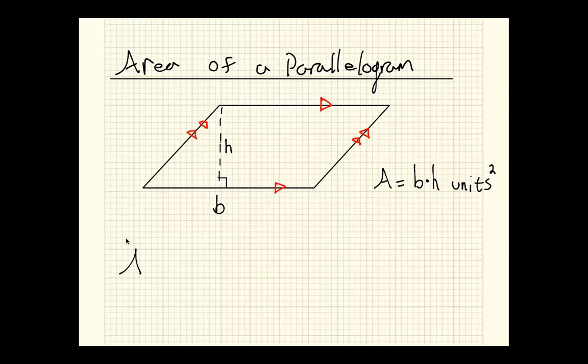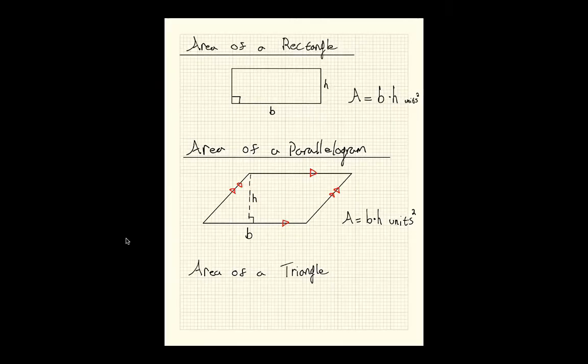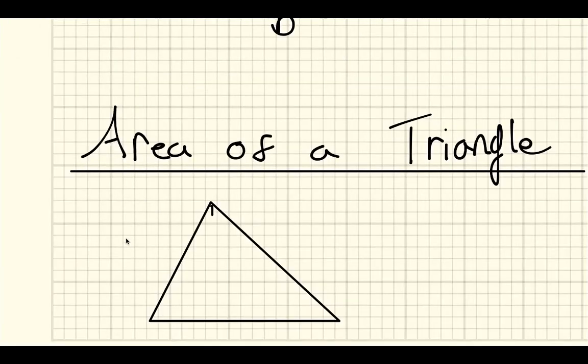And then area of a triangle. Okay. Area of a triangle, this is very similar. Okay, we do need a perpendicular height, okay, also called the altitude in a triangle.